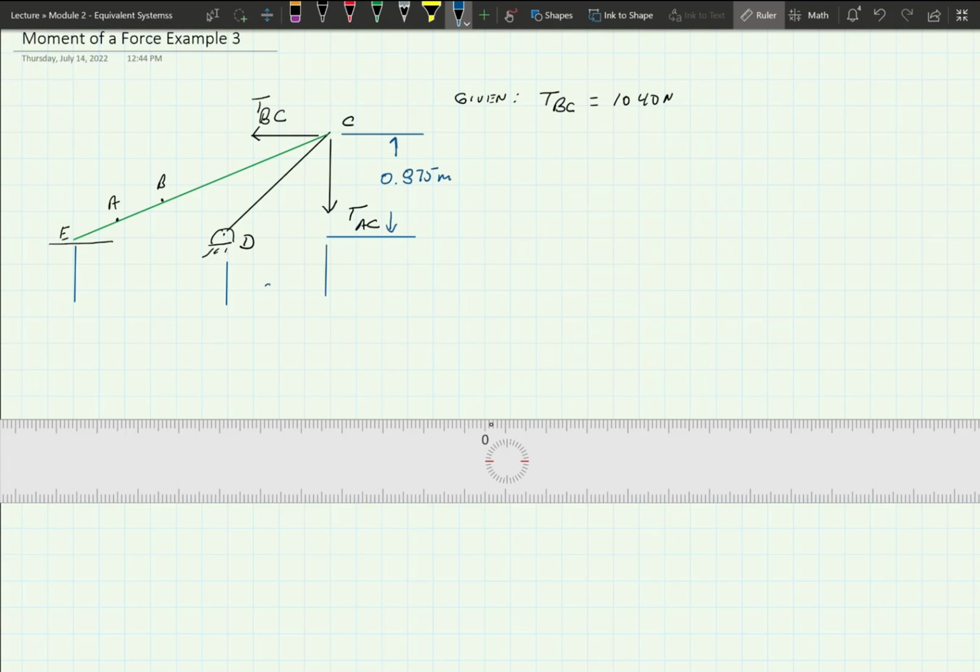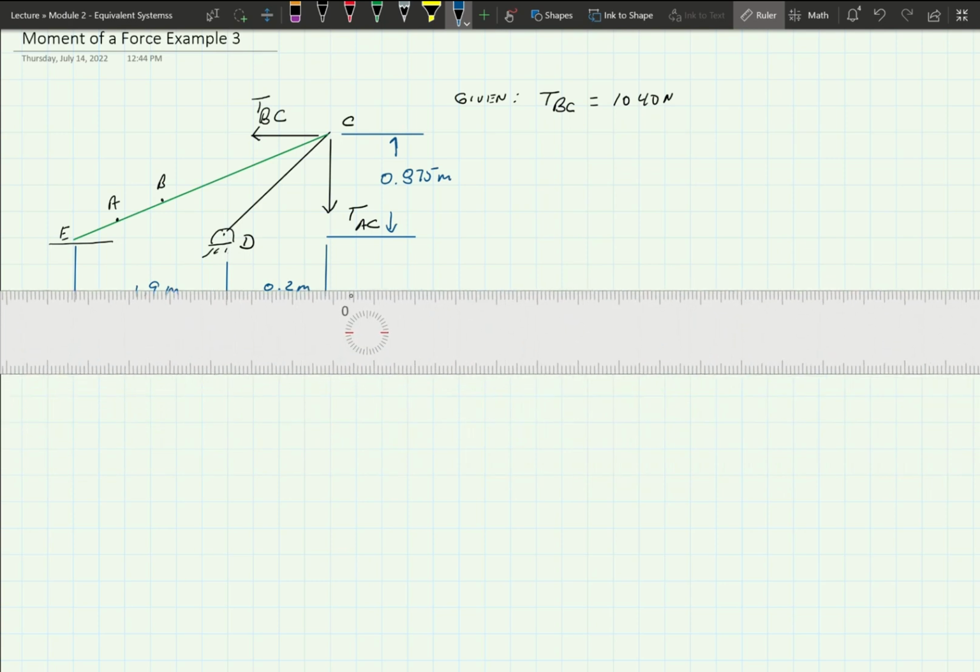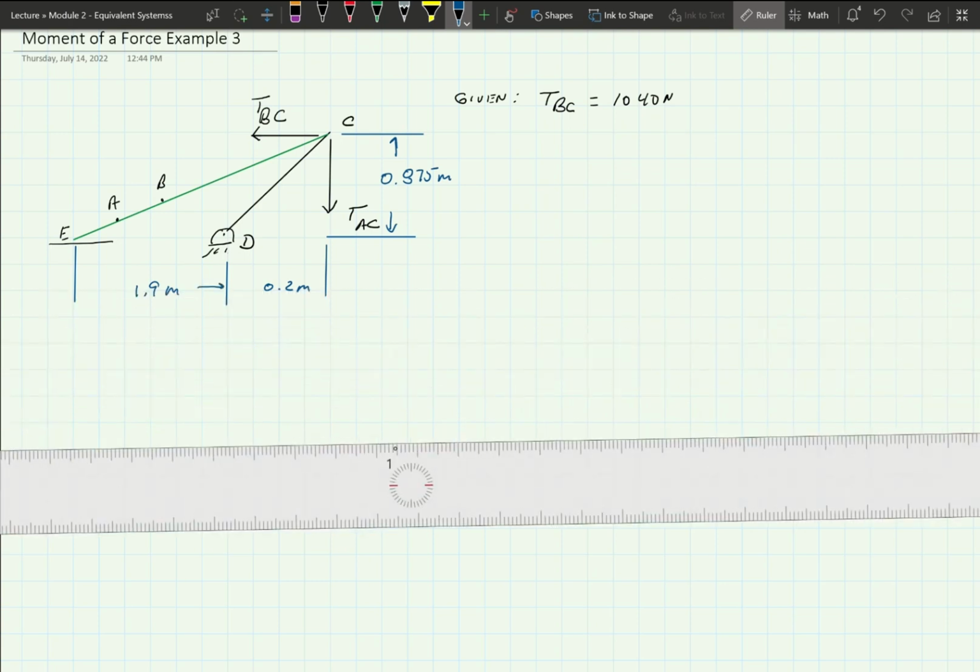Alright, we have here 0.2 meters, and definitely nothing in this is to scale. So bear with me here. And then we're 1.9 meters there. And those are our distances. Did I miss anything? Oh, we got some theta angle down here that references to the ground, and we are relatively good.